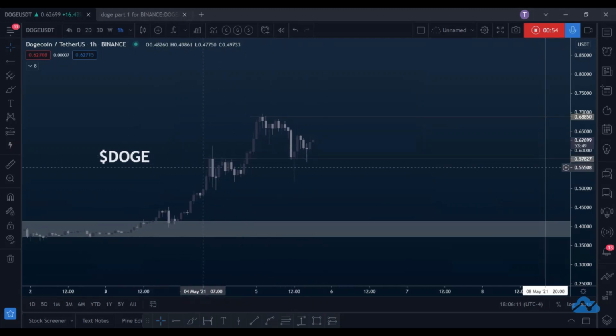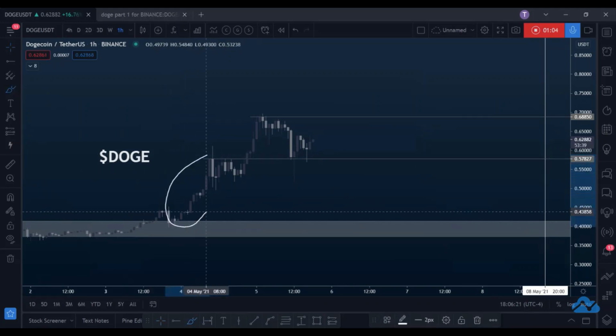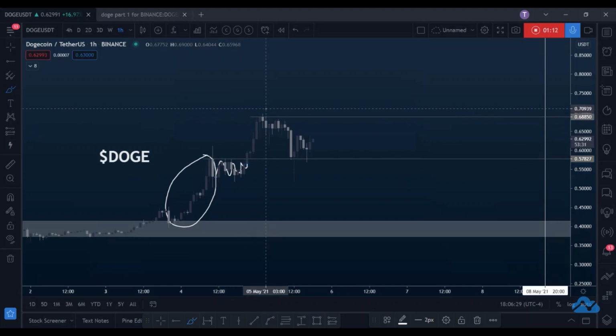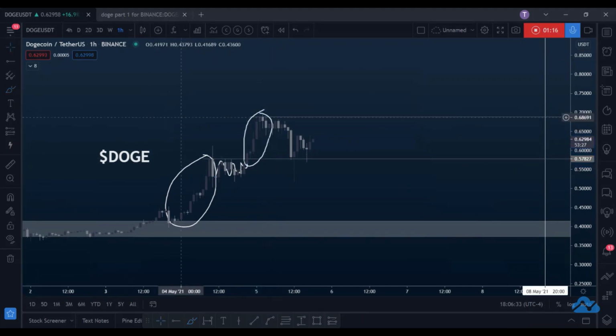When we're drawing these support and resistance levels, what we're trying to do is view the market in waves almost. So this was a wave up, and then price just consolidated below. And then it had another wave up. And so it's really just a visual thing.